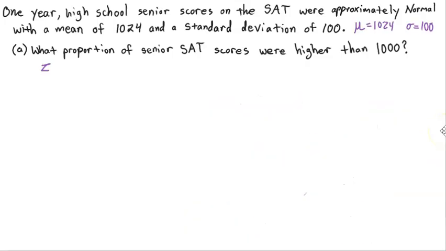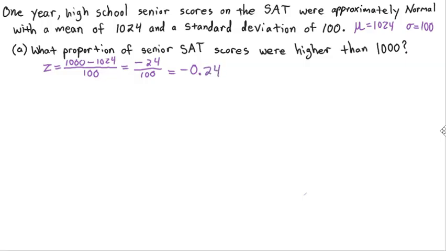All right, so the first thing we need is a z-score. So z equals, we're looking for 1,000, the z-score that goes with 1,000, minus the mean, which is 1024, okay, divided by sigma equals 100. And so this is going to be negative 24 divided by 100, which is going to be equal to negative 0.24.